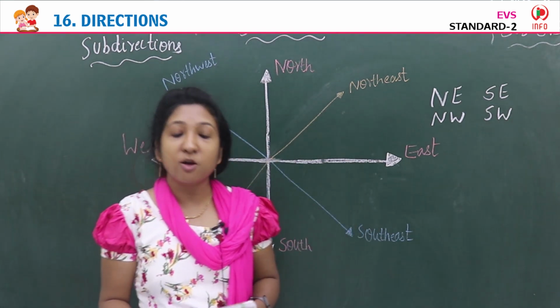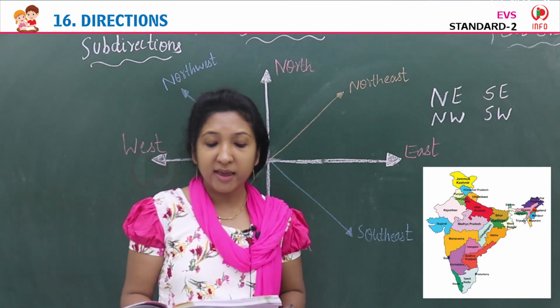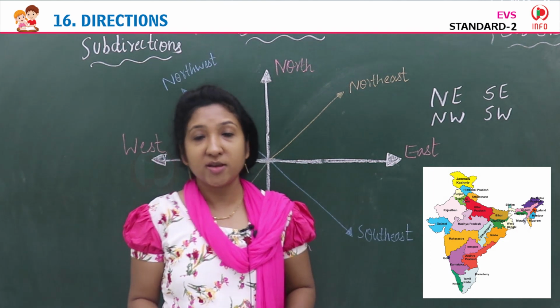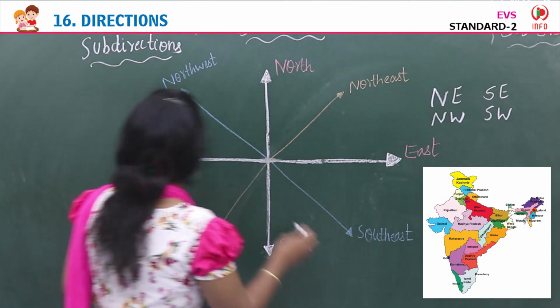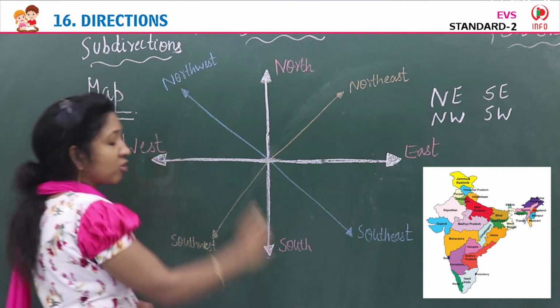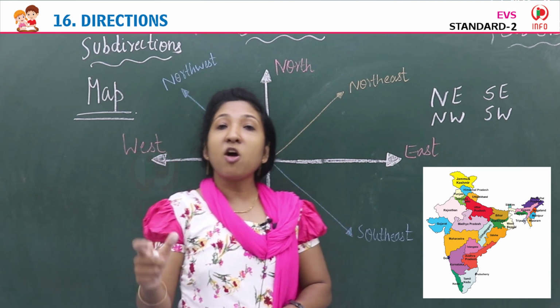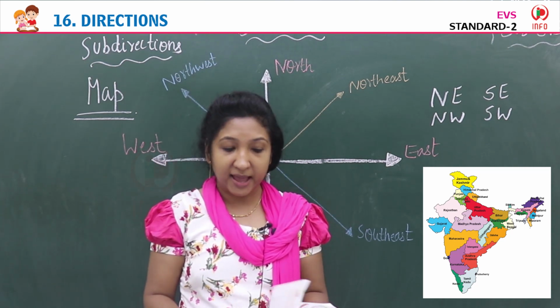Yes, children. Now next, all maps follow a uniform way of naming the directions. So do you know what a map is? Map, M-A-P, map. Actually, a map is a drawing of earth. Last class you learned about earth and sky, isn't it?